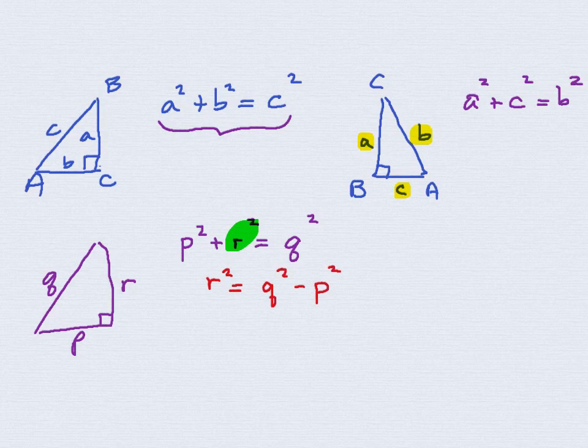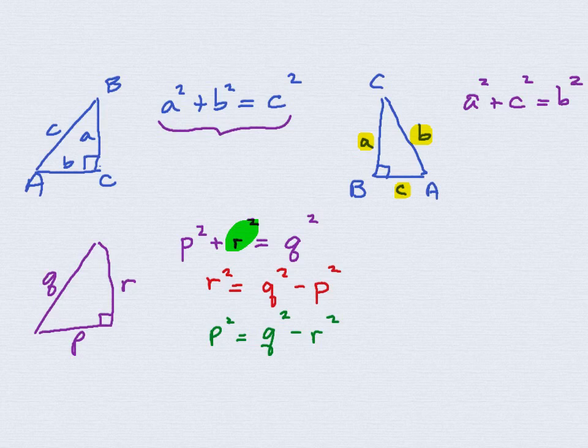That's one way to write it. Notice that the Q, or the hypotenuse, must always come first because it's the biggest side. If you want to solve for P, then you would do a similar rearrangement and say that Q squared minus R squared would equal P squared.